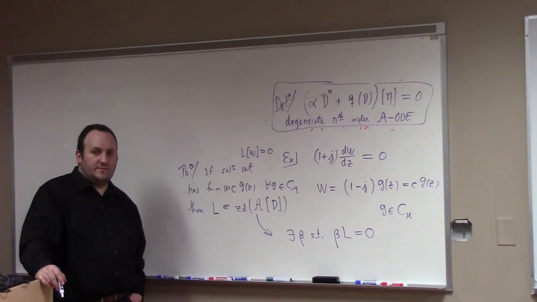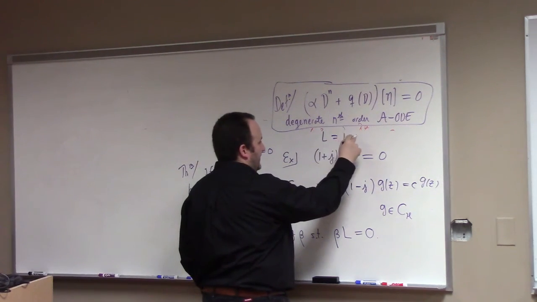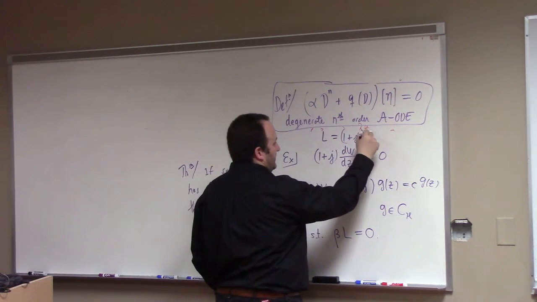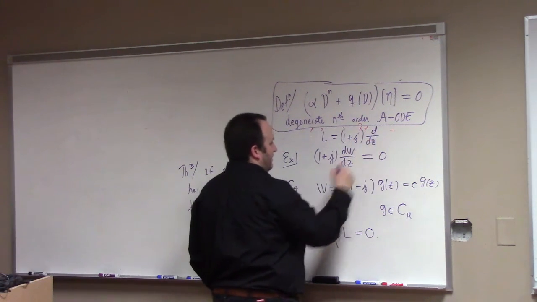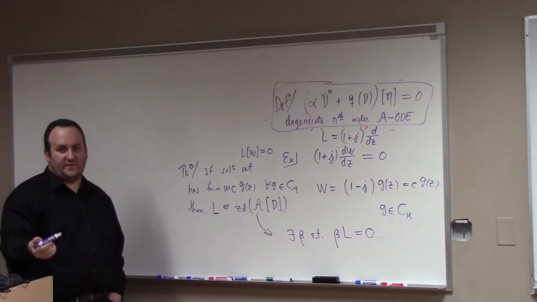Certainly, if L is 1 plus j times d dz, the beta that you multiply by is just 1 minus j.